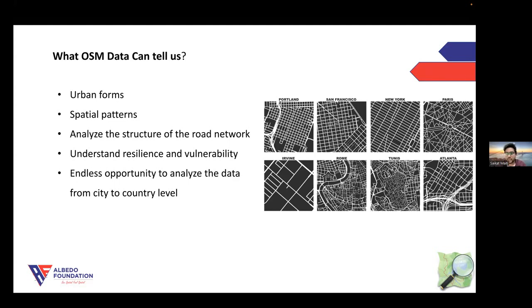It can give you a vulnerability analysis, like where the infrastructure is more fragile and more prone to fail during extreme events like landslides, floods, or other disasters. Those kinds of analyses can also be done using OpenStreetMap data.